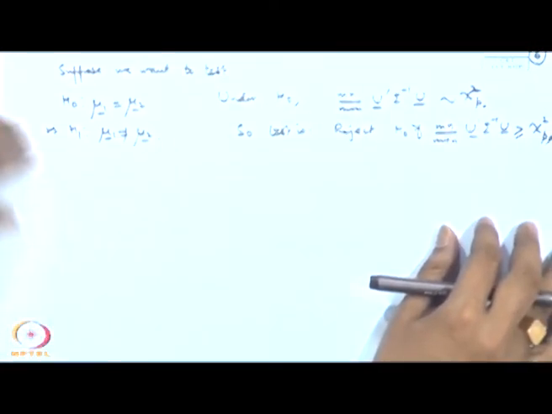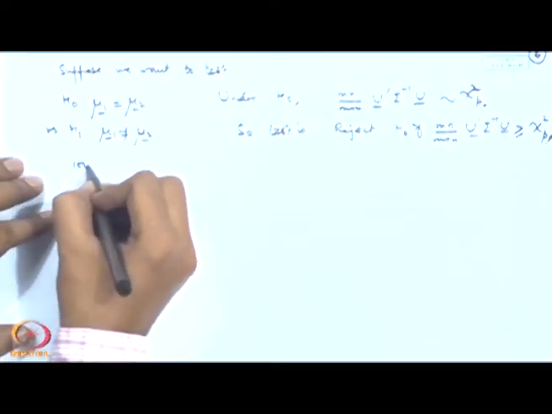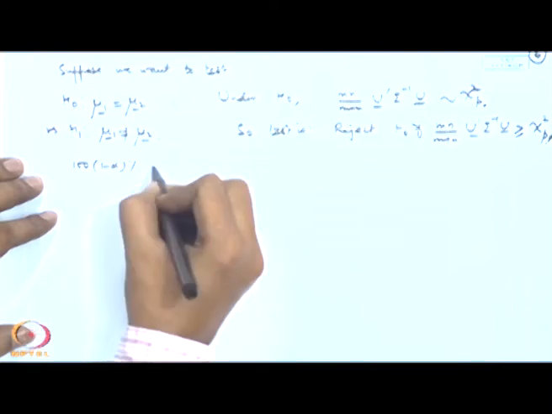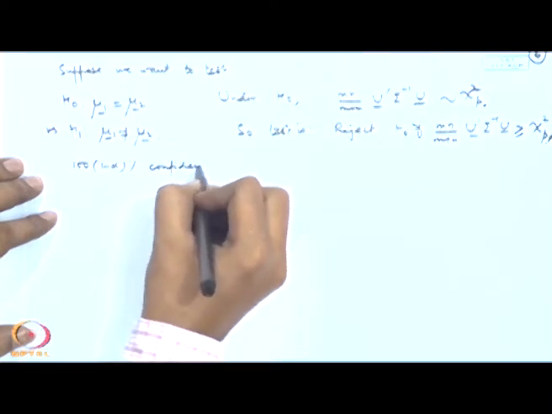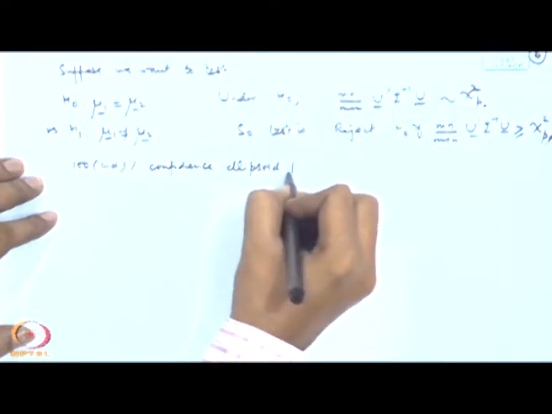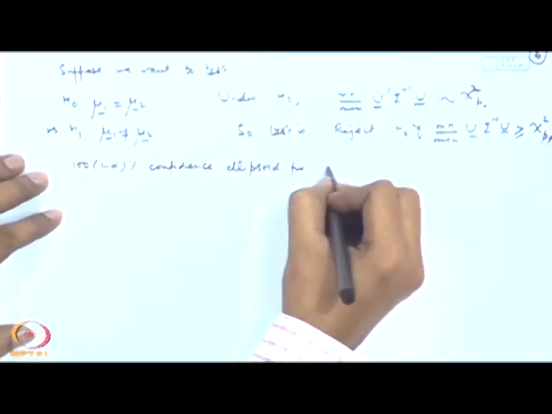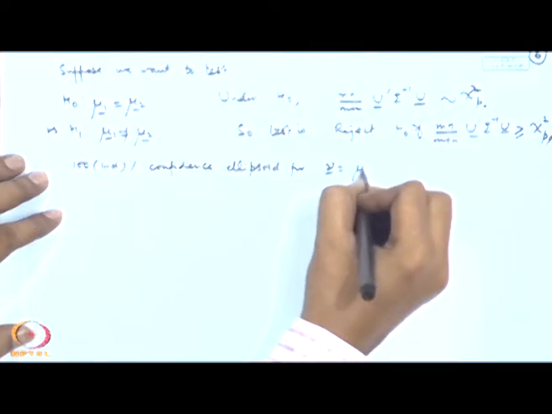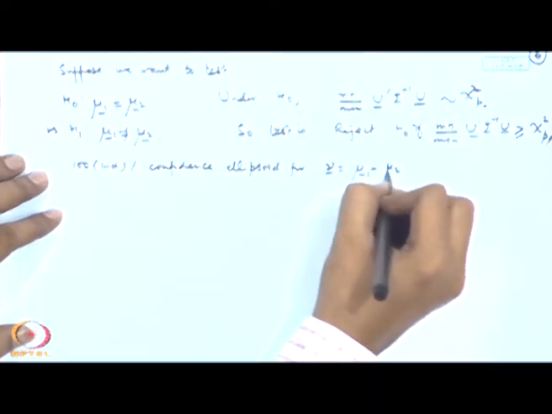And we can also construct the confidence region. The 100(1 minus alpha) percent confidence region, again it will be an ellipsoid, for nu equal to mu 1 minus mu 2.